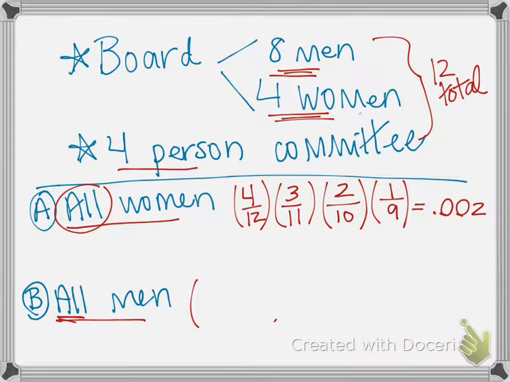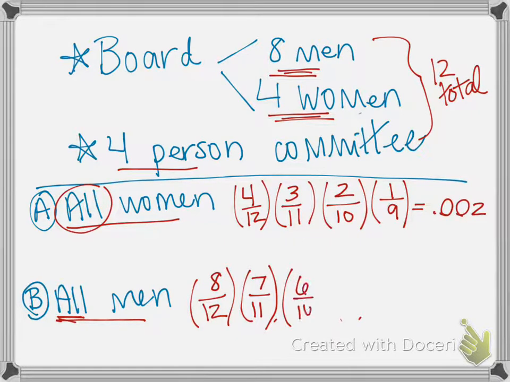So what's the probability that the first committee member selected will be a man? Well, there's 8 men total sitting on our board of 12, so there's an 8 in 12 chance. If a man is selected for spot number 1, that leaves 7 out of the remaining 11 to be selected from. And if a man is selected again, we're left with 6 of 10.